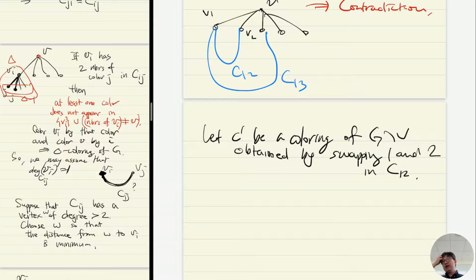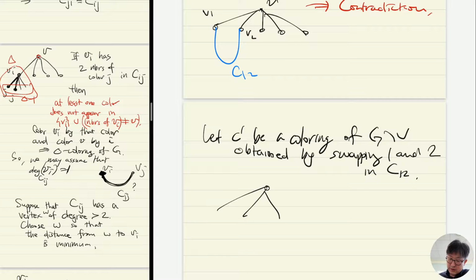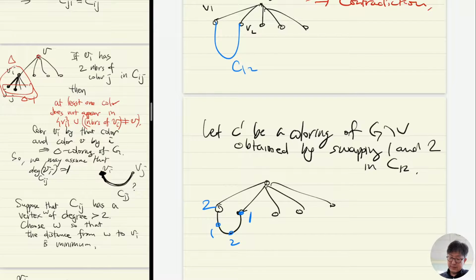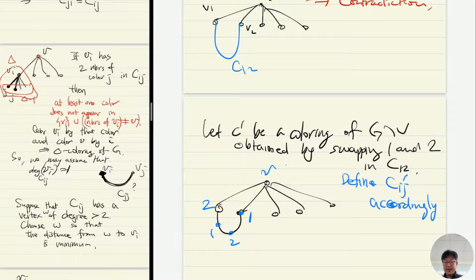Okay, we swap the colors 1 and 2. So what happened is you have a new coloring where this becomes 2, 1, 2, and 1. Now define Cij prime accordingly. Everything else stays the same.